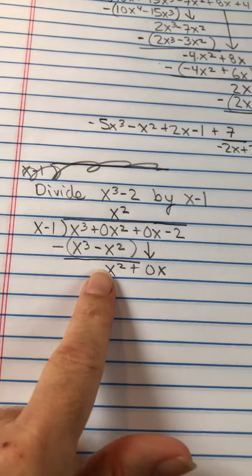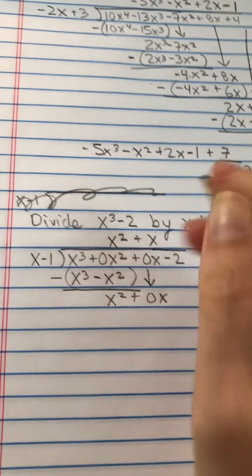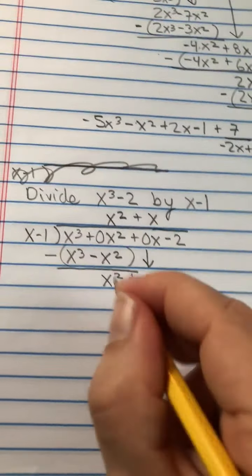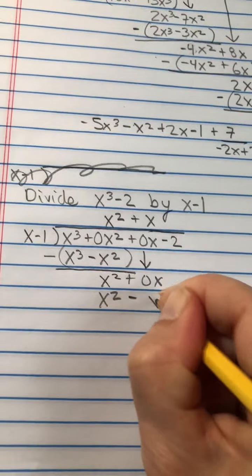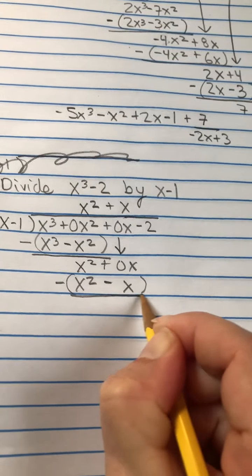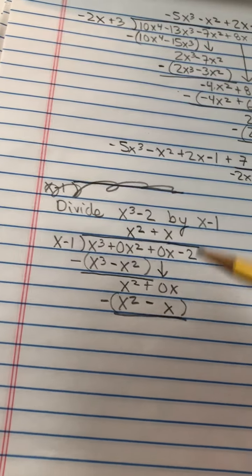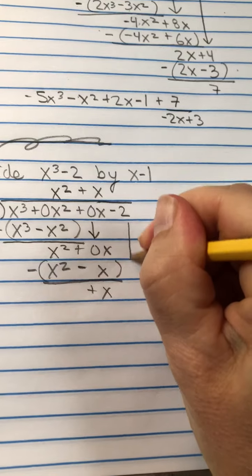So x then goes into x squared x times. Multiply x times x is x squared minus x. Subtract the whole thing, so distribute that negative through. They cancel out, plus x, and bring down the negative 2.